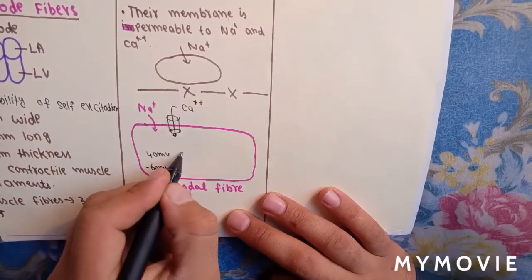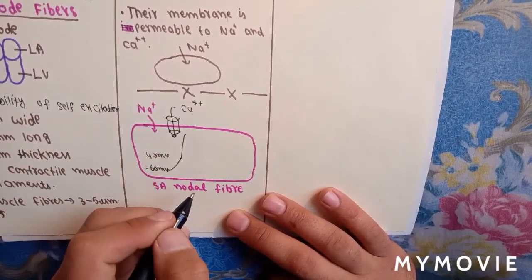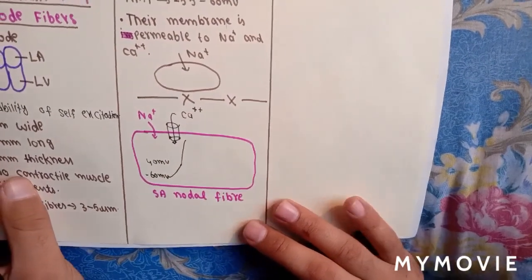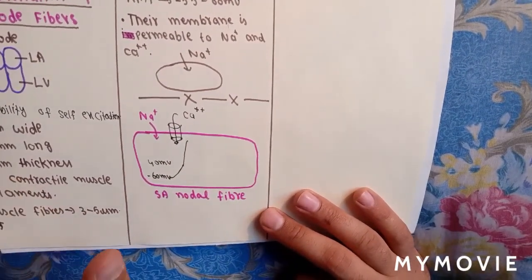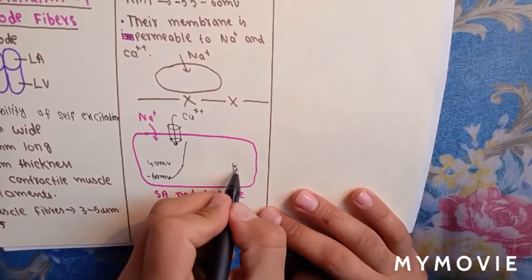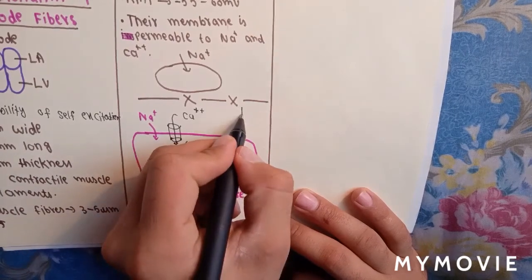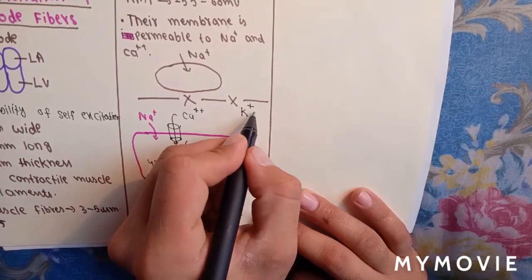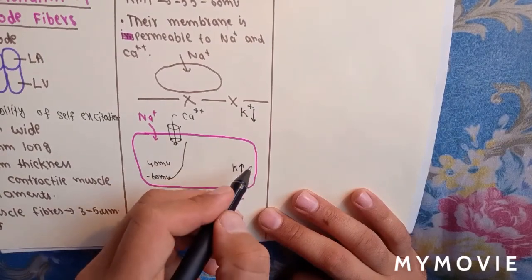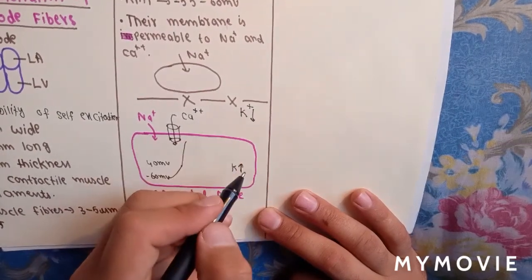As a result, the potential rises upward and becomes a bit positive. After this, calcium gates close and potassium gates open. The concentration of potassium ion inside the cell is high but outside the cell is low, so potassium ion moves from inside the cell to the outside.